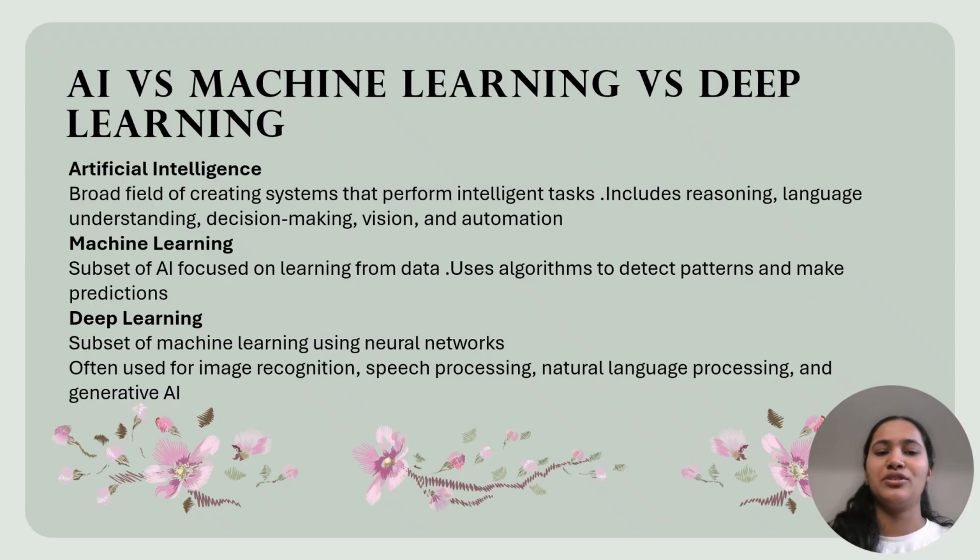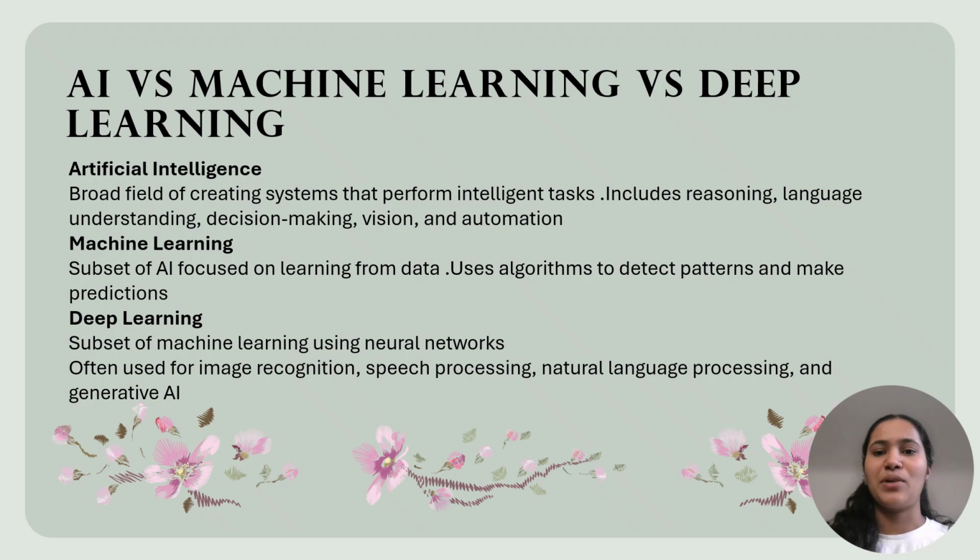Now, let's learn AI versus machine learning versus deep learning. What is the basic difference between these three? First, let's start with artificial intelligence. Artificial intelligence is the broadest concept. It refers to machines performing tasks that normally require human intelligence.